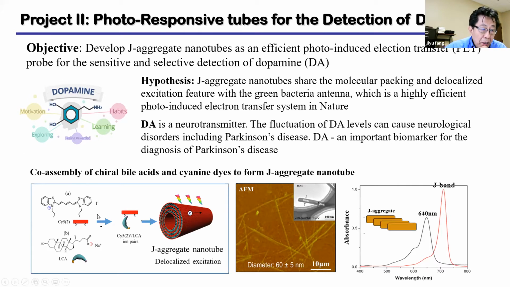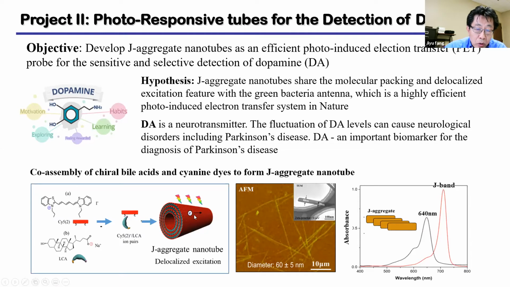We use a biological molecule, a bioacid, which has a number of chiral centers, coupled with the cyanine dye to form a dimer. This dimer can further self-assemble into a nanotube, which we call a J-aggregate nanotube.